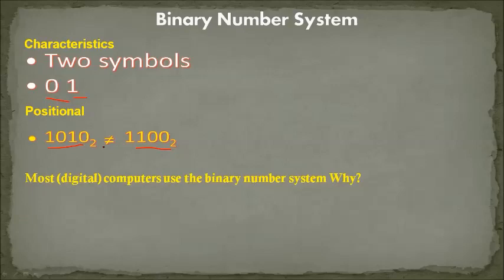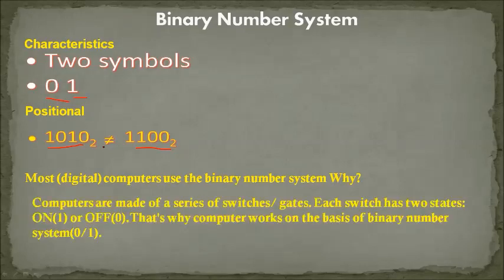Even every single machine in day-to-day life that we use comes under digital systems or digital machines. So why do we prefer that? Check out the answer: computers are made of a series of switches and gates. Each switch has two states, on and off. That's why people work on the basis of the binary number system as zeros and ones.